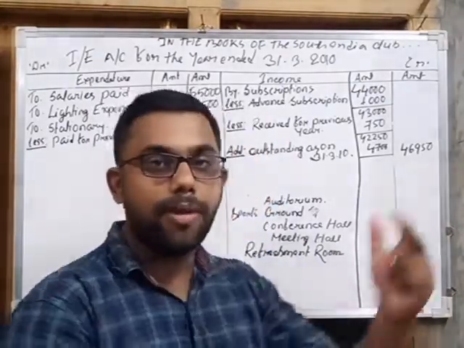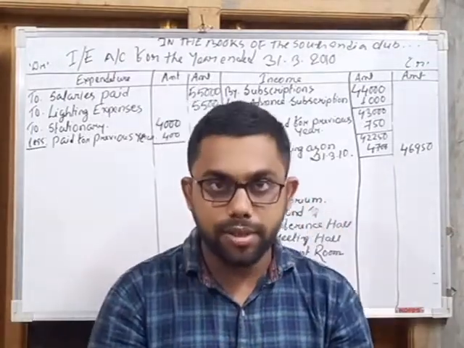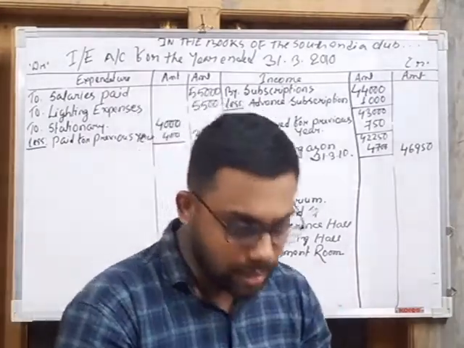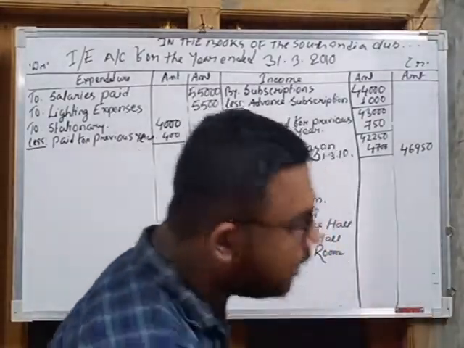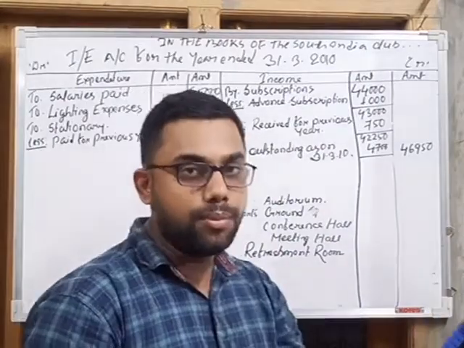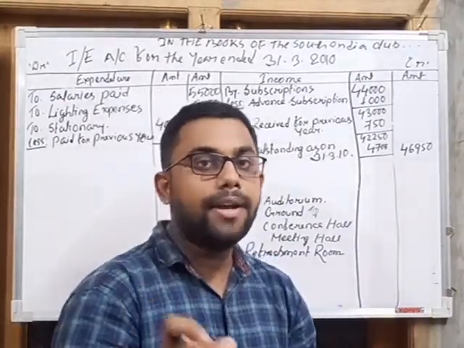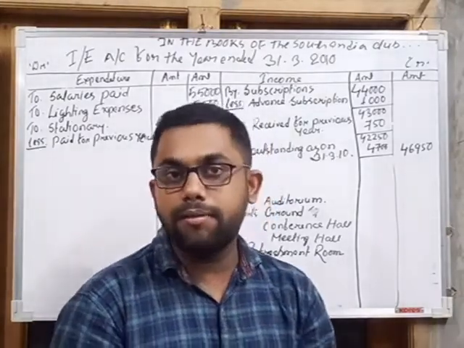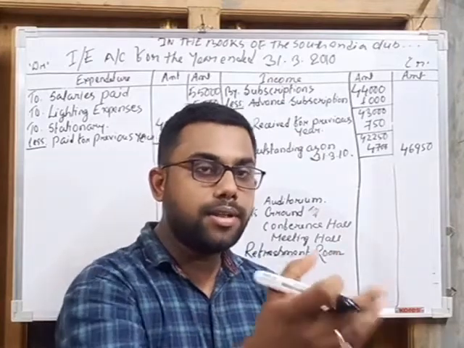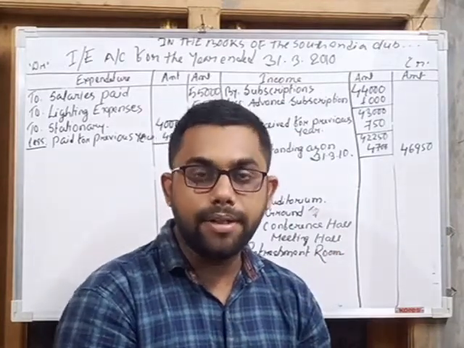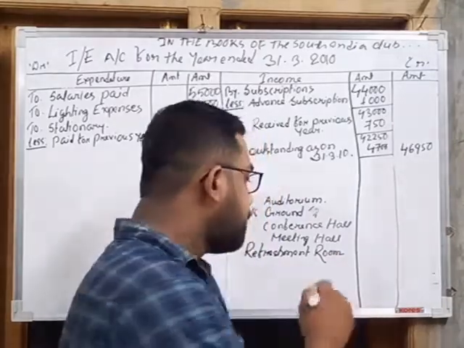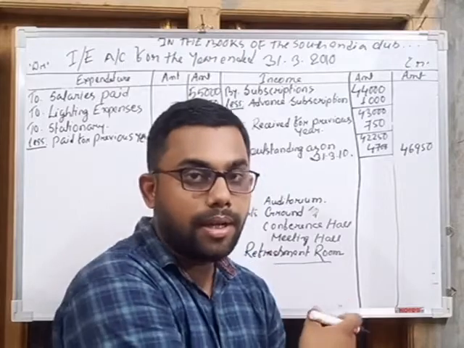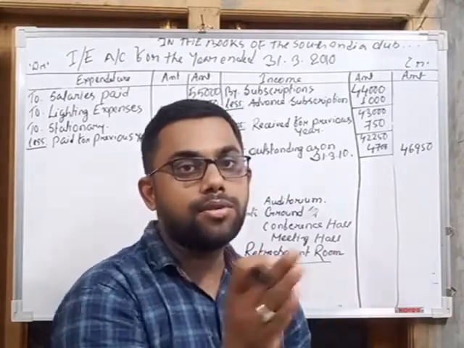Whatever we have received from any other person, this amount is called proceeds, and the net proceeds from that refreshment room amounted to rupees 30,000. That means in the refreshment room, while giving it on rent, they have some expenses like 5,000, and the total amount they have received on rent is 35,000. So if 35,000 is the rent received from that auditorium or refreshment room, and 5,000 is expenditure, then the net income is 35,000 minus 5,000.